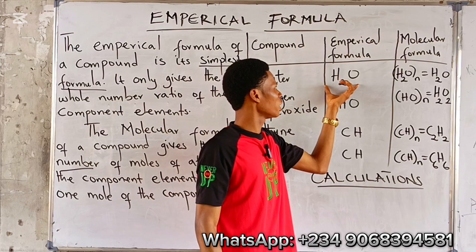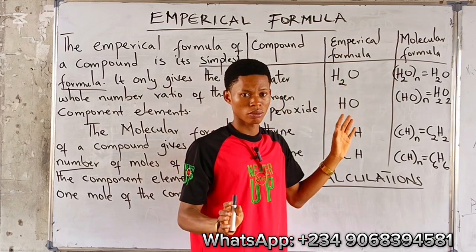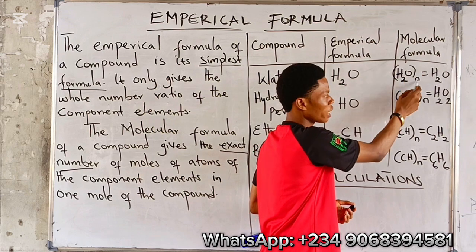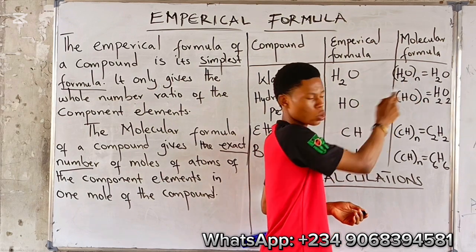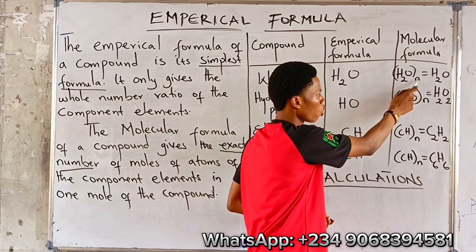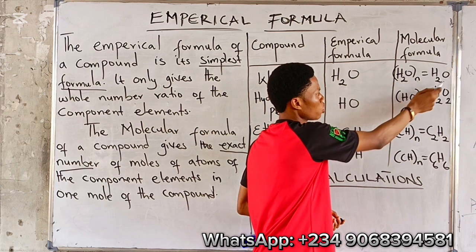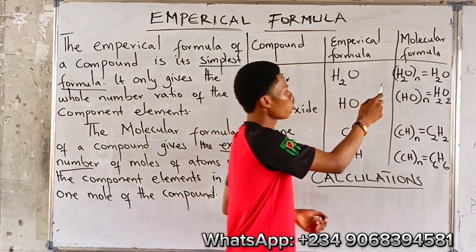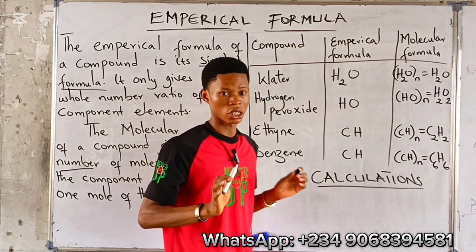Coincidentally, the empirical formula and the molecular formula here are the same thing. If you look at this, H2O, then in bracket n, what should n be for us to get H2O again? You agree with me that n here is 1, because if you open the bracket, 1 times everything here will still give you H2O. So the empirical formula of water and the molecular formula of water is the same thing, H2O.